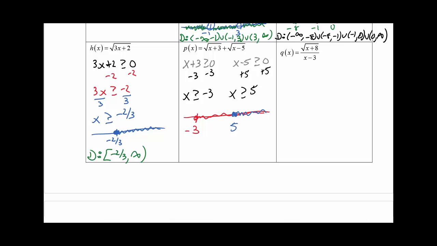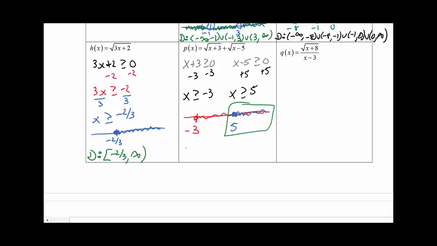So looking at the number line then, are there places where both graphs overlap? Yeah, right here. That piece right there. So starting at 5, anything bigger than it, I can guarantee that I will have a square root that'll satisfy both components.